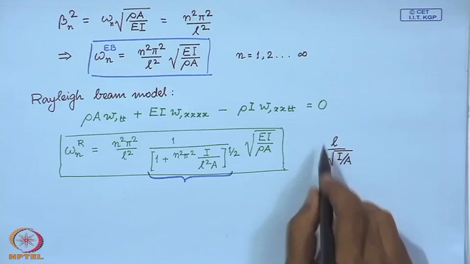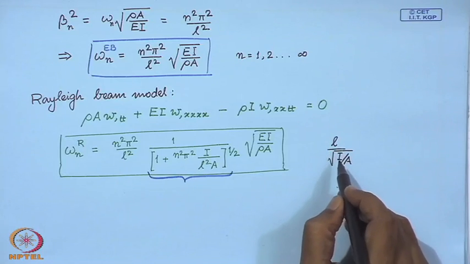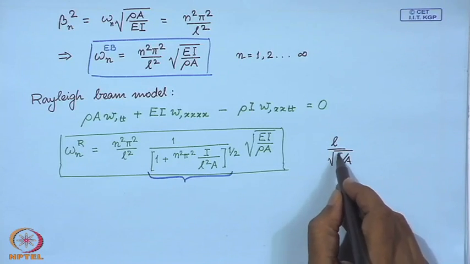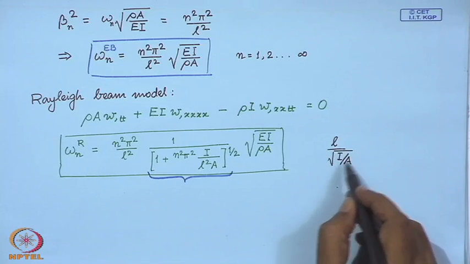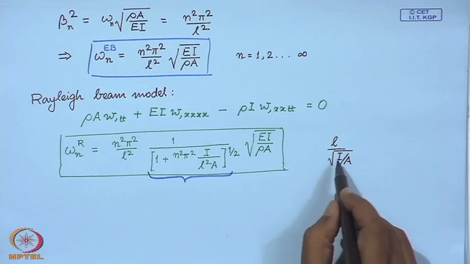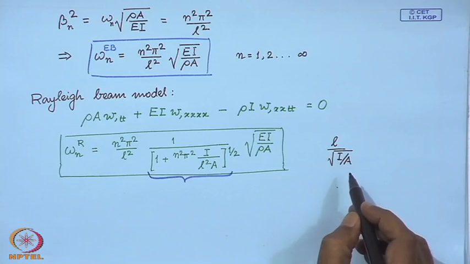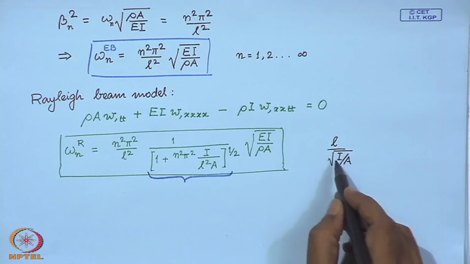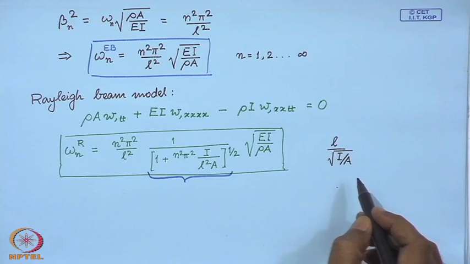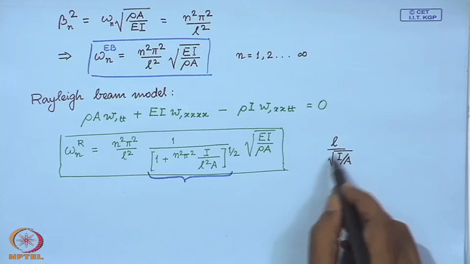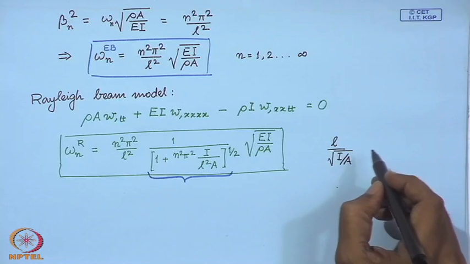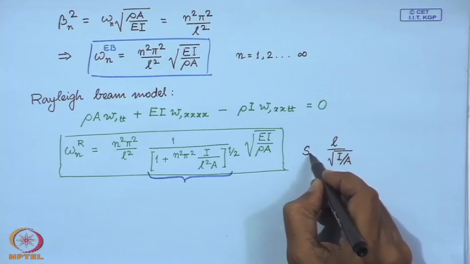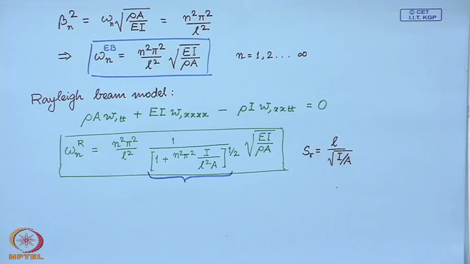Now, what is this factor? So, this is the length of the beam. The second moment of the area about the neutral axis I over the area of cross section of the beam. Now, this I over A is the radius of gyration square. So, under root of that is the radius of gyration. Now, length over the radius of gyration can be defined as the slenderness ratio.